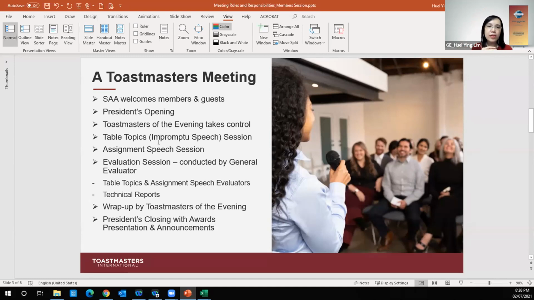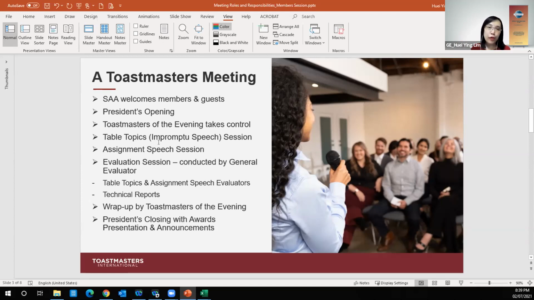The exco and the club members can all decide how you want it to be done, because the Toastmasters meeting format goes by what they call PIE, P-I-E. You start off with the prepared speeches, then I is the impromptu speeches, then E is the evaluation, which is why some clubs start off with the prepared speeches first, followed by the impromptu, then evaluation.